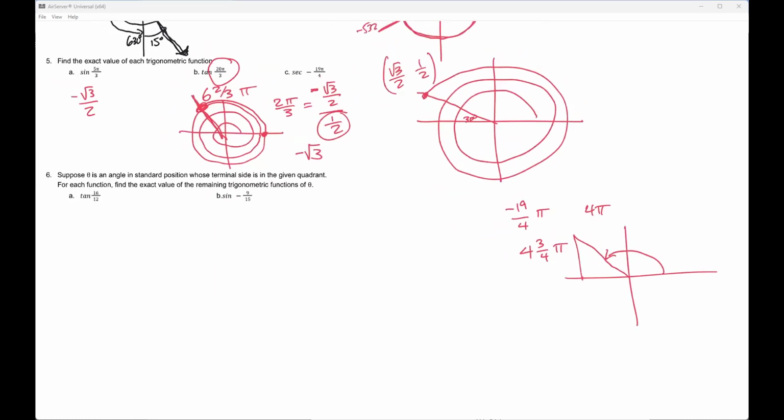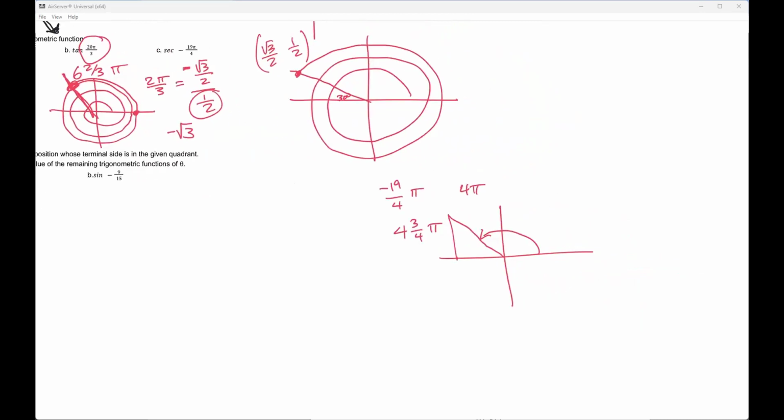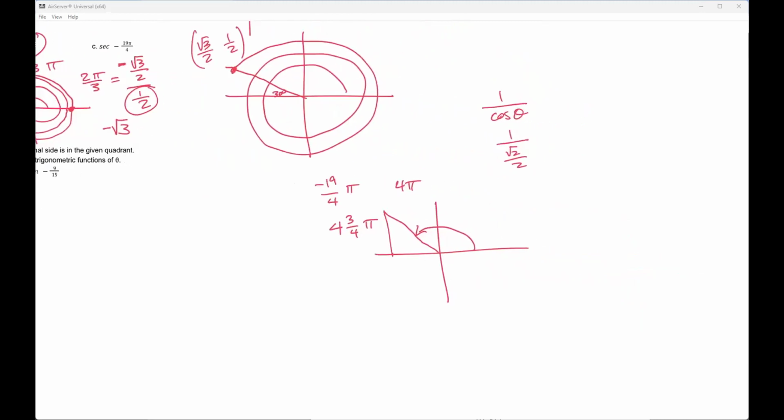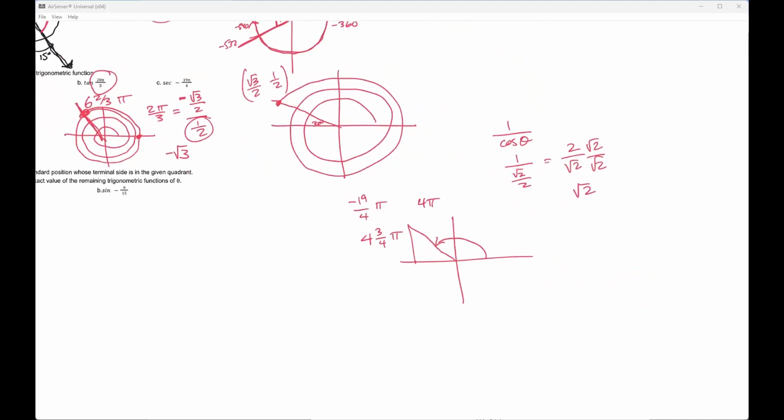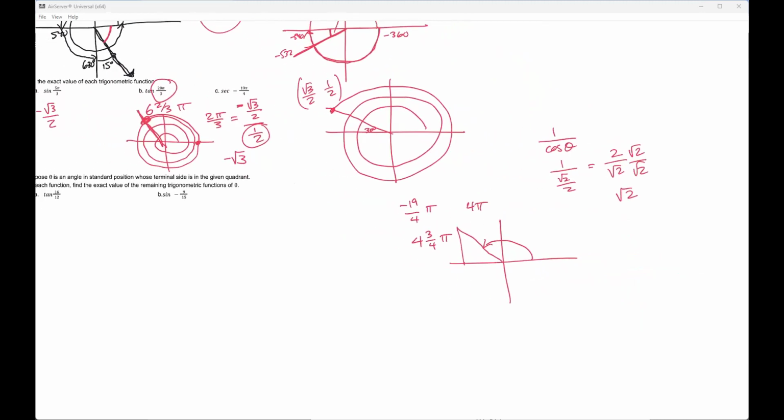What's our secant? If we want secant, we have to get cosine, so 1 over cosine. Cosine is negative, so it'll be 1 over radical 2/2, which is 2 over radical 2. Multiply top and bottom, so it would be just radical 2. And we're talking about cosine, so this is negative radical 2.